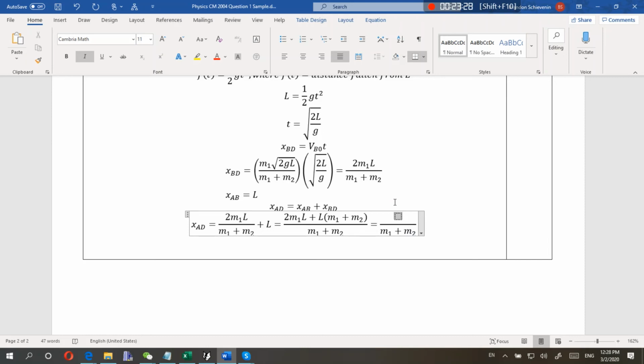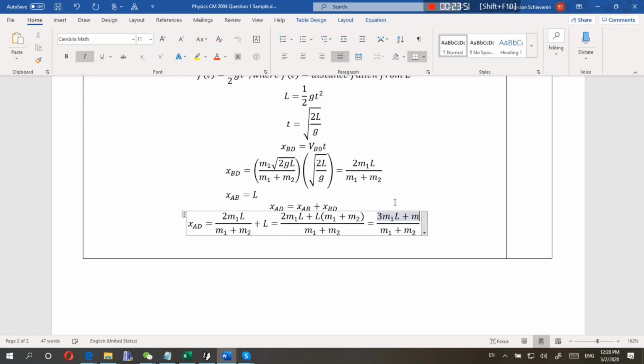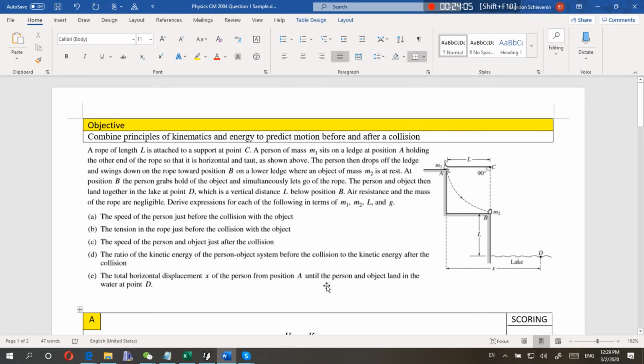Okay, what's going to happen on top? 2M1L plus M1L plus M2L, which simplifies to 3M1L plus M2L. Okay, cool. And I think that's as far as we go. Did we answer everything for E? Total horizontal displacement. Yep, that was good.